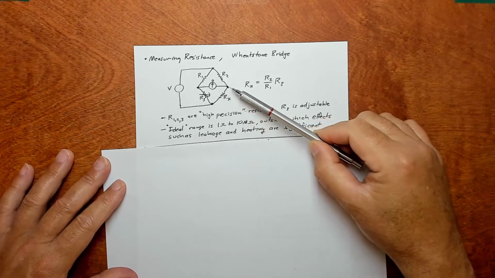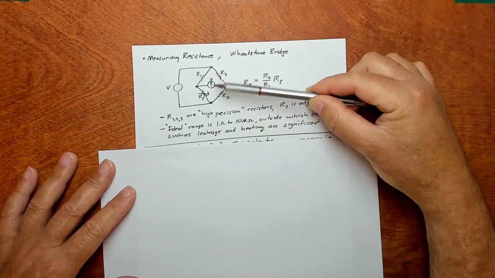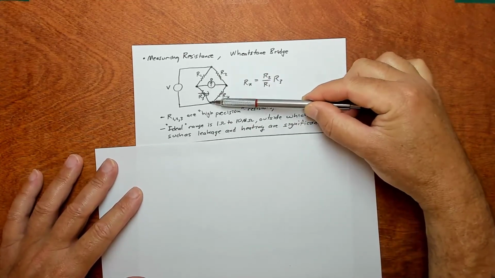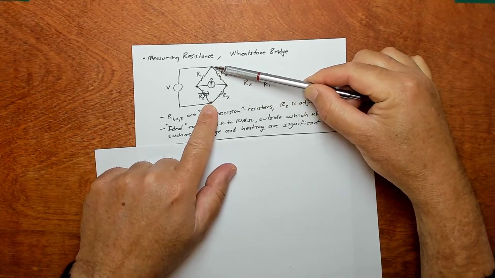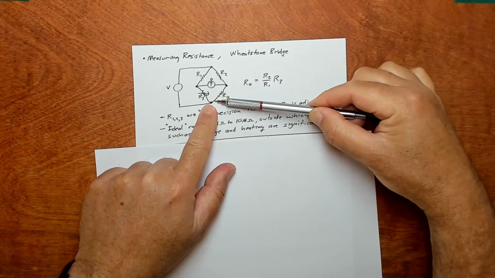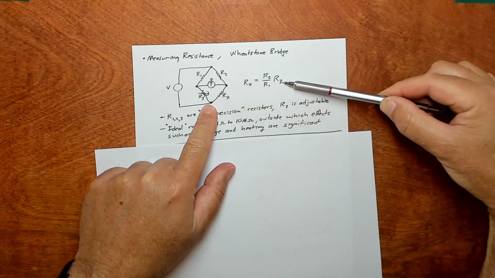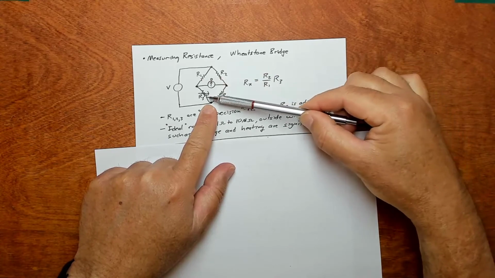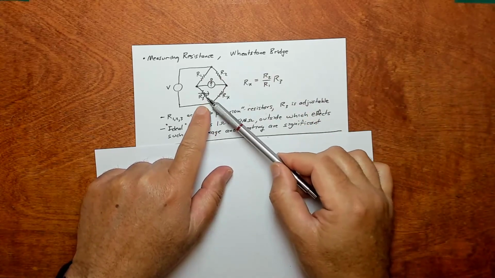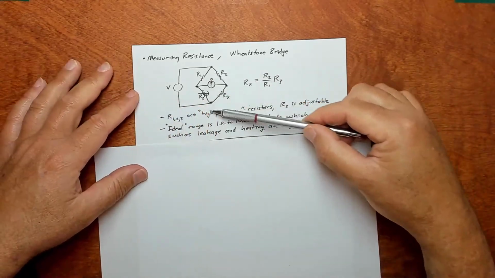So now I'm skipping a little bit, but what that leads to pretty quickly is that the voltage across these two nodes here is the same for both branches. So that leads to this. That is, the ratio of these two guys and the ratio of these two guys is the same as the voltage across here.